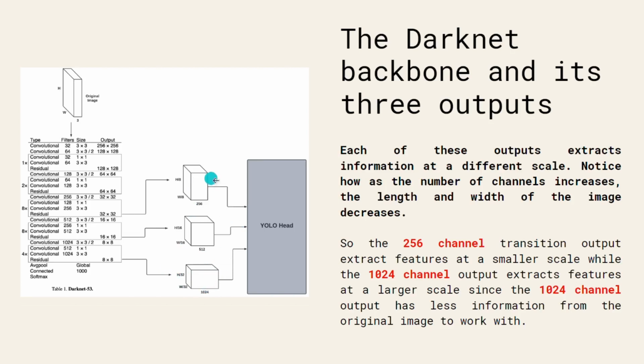Since the first output is in the shallower part of the network, it has more representation and information to make predictions about small objects. But the last one, since it's deeper inside the network, has to make predictions for larger objects. Since it doesn't contain as much information as the first output, we increase the number of channels as we go down. Since we are shrinking down the spatial information, we are increasing the channel information.